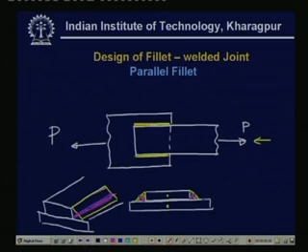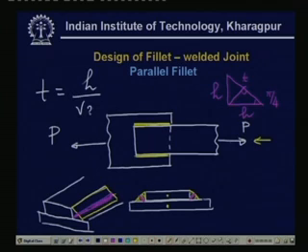So, this is the part which is seen from that side, and this is the three dimensional view. When you look at the fillet, this is pi by 4, it is roughly of the same height and the leg length is the same. Therefore, this length which is called the throat, T, will be equal to H by root 2, as you may verify.